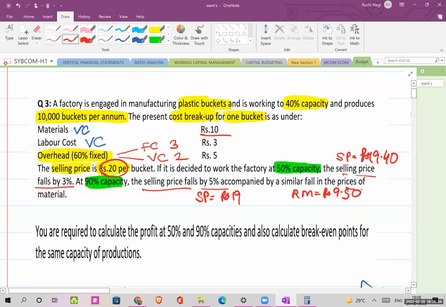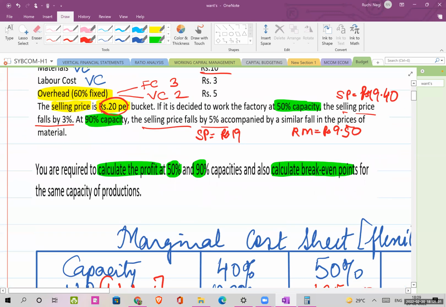So these are the expected changes. At 50% only the selling price is falling, but at 90% the selling price is falling, plus there is a similar fall in raw material also. They have told you to calculate profit at 50% and at 90% capacity levels, and also to calculate the break-even point for the same capacities. So let us move on.